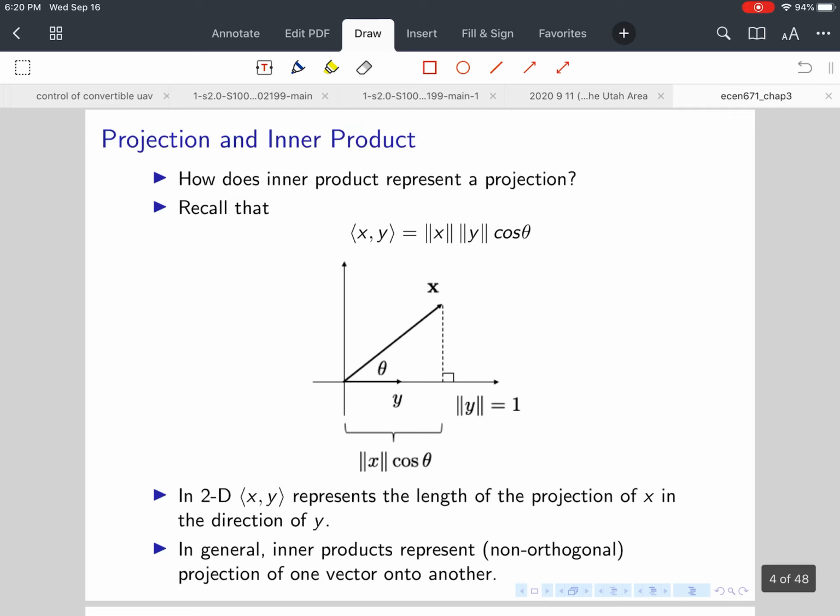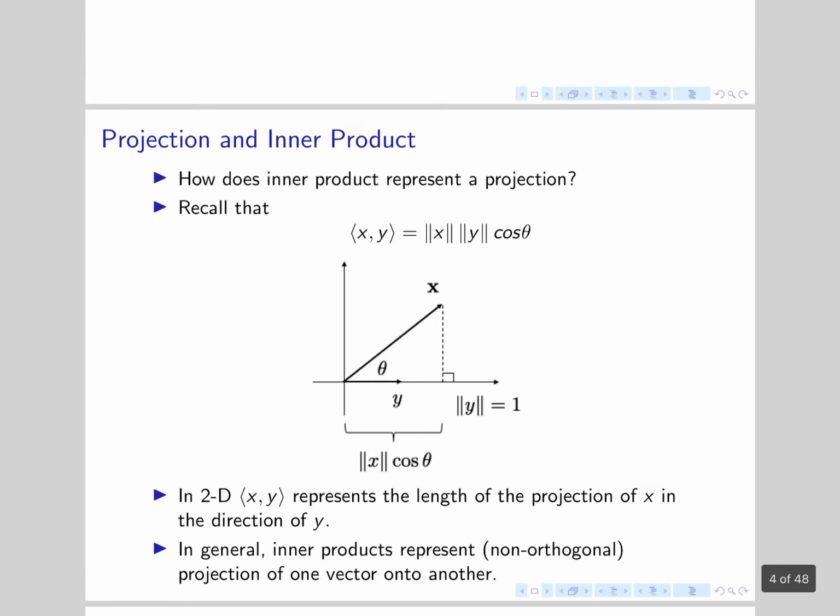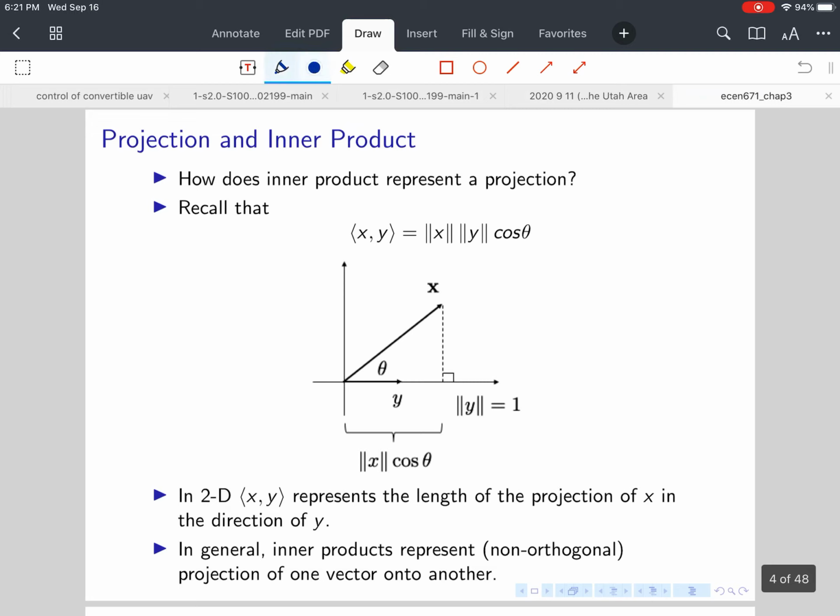This is just a review of chapter 2. How does the inner product represent a projection? If you recall, this comes from the Cauchy-Schwarz inequality. It's equality as long as we have this fudge factor, cosine of theta.